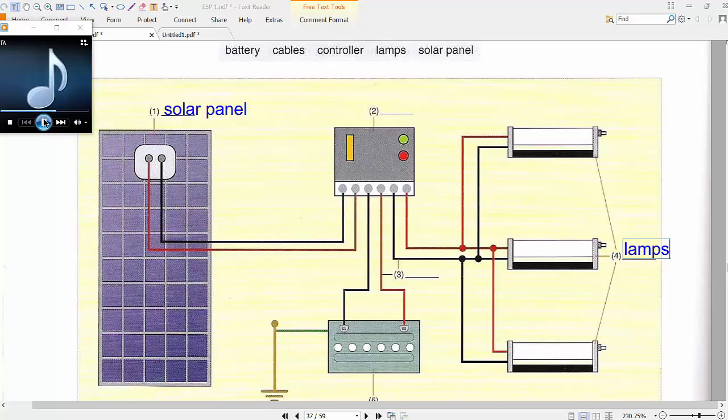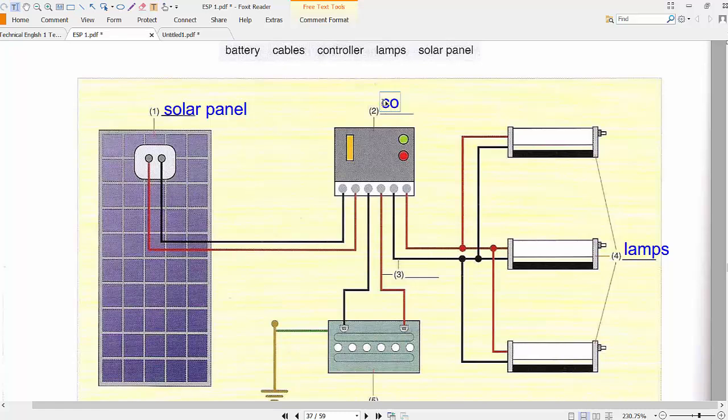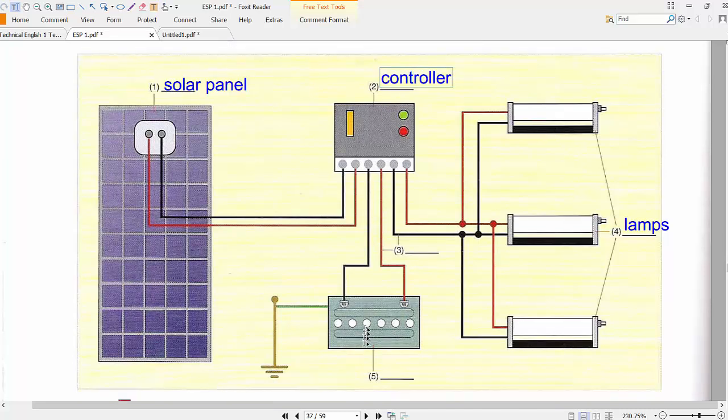Excuse me, sir. Which one is the controller? Well, the controller's at the top, okay? And of course the battery's at the bottom, here. At the top. This is the controller. And this is the battery.